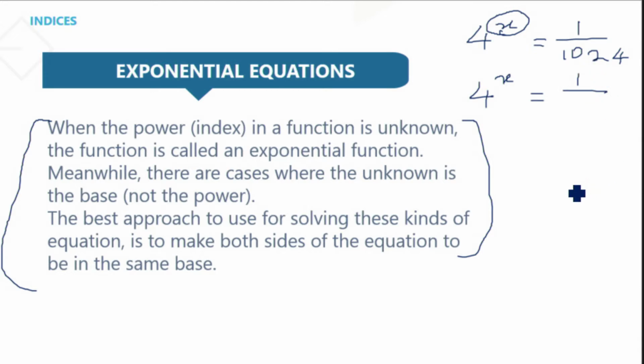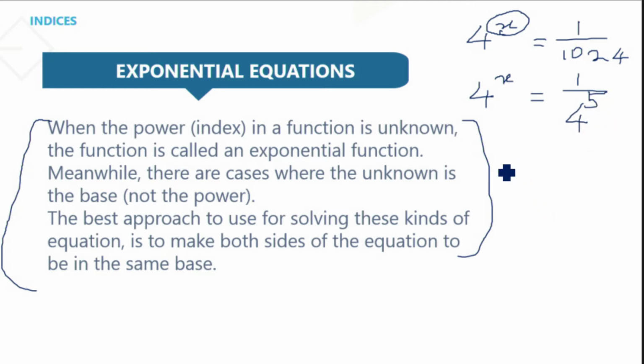Let's try to find out. 4 times 4 is 16. 16 times 4 is 64. 64 times 4 is 256, and 256 times 4 is equal to 1024, and that's 5 fours. So 5 fours multiplied repeatedly will give us 1024.